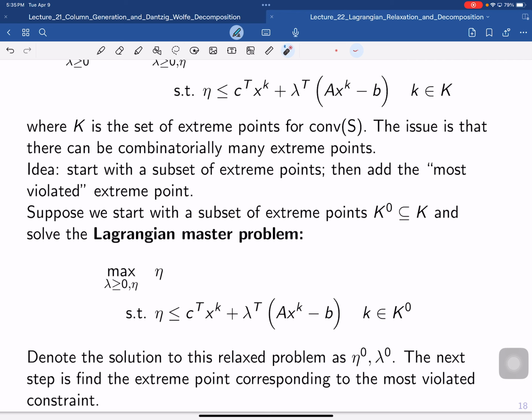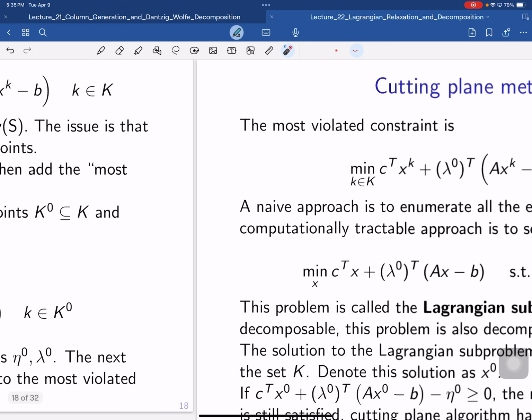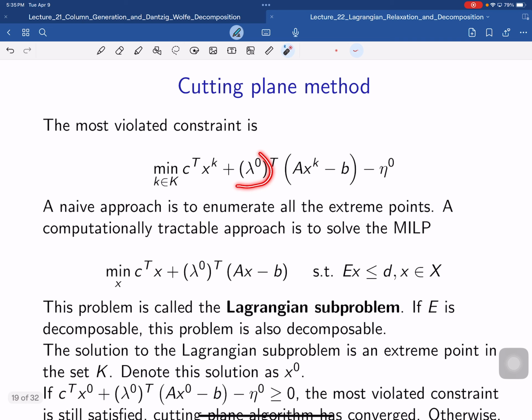Then when you find a feasible solution to this relaxed problem, you want to find a constraint that is most violated, right? So you can get a solution from this relaxed problem denoted by eta naught and lambda naught, which may not satisfy all the constraints corresponding to all the extreme points. Then we need to find out, for my current solution lambda naught and eta naught, what is the extreme point that is most violated, right?